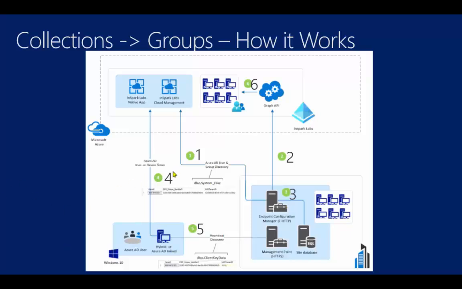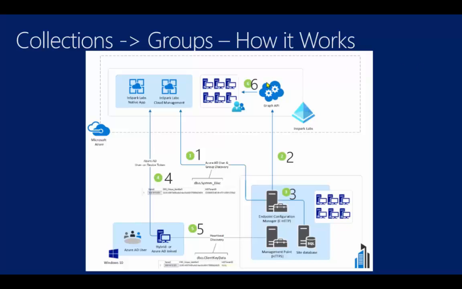Item four will be that the Config Manager client is going to request an Azure AD user or device token, and that's how that device is going to make a connection with the application ID of the client app and so on, right? That's how it all kind of gets replicated. And then item five, the client is going to register its Azure AD information in Config Manager using the Azure AD token authentication method.